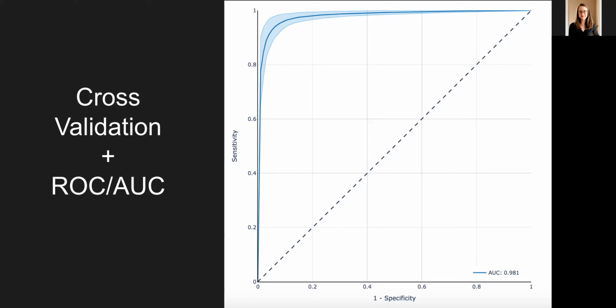So the measure of area under the curve was high, which is essentially signaling that this model does a good job of separating the signal from the noise, despite my initial concerns about lack of separability. The AUC, if you can see in the bottom right-hand side of the screen, is nearly 1. So that probability is high.